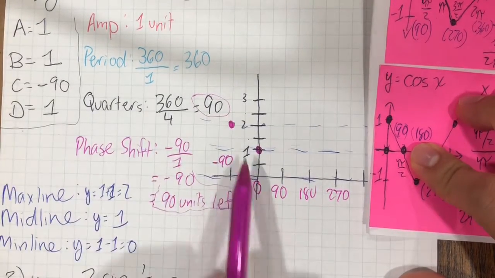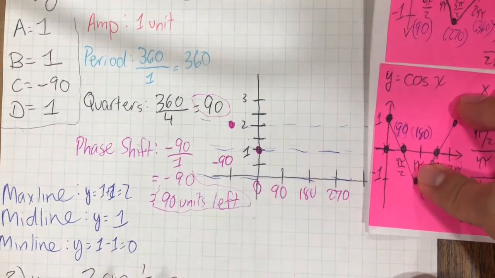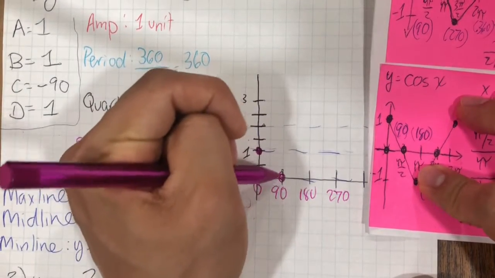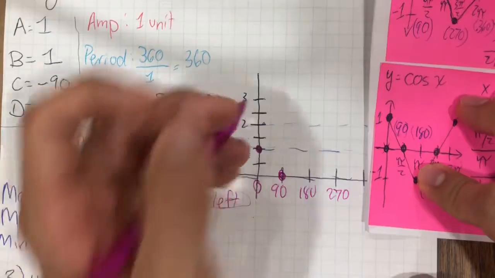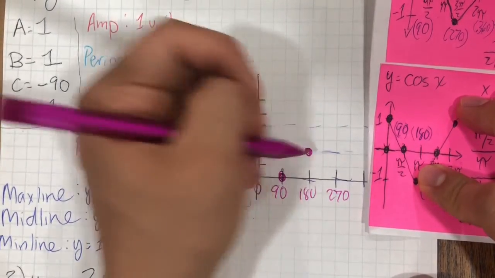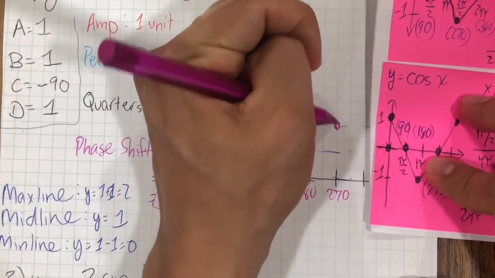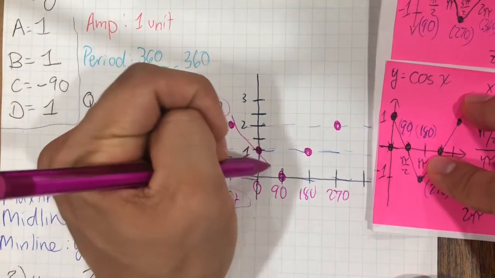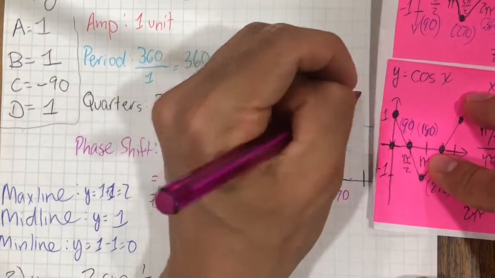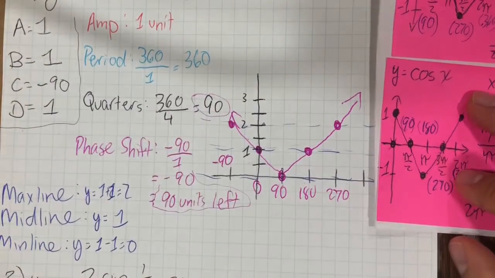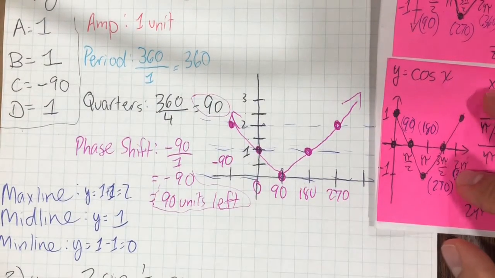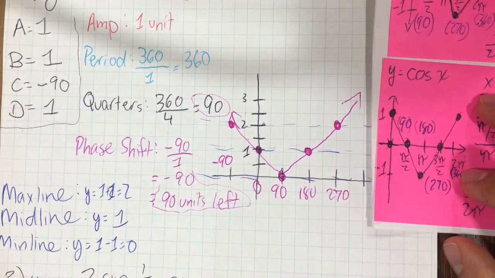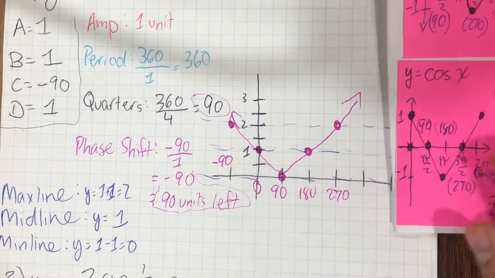Then we have mid to minimum, so 90, comma 0. And then 180, comma 1, 270, comma 2. All right, so I have all of my points. And if we take a look, we see that the graph definitely moved 90 units to the left if we compare the old one to the new one.